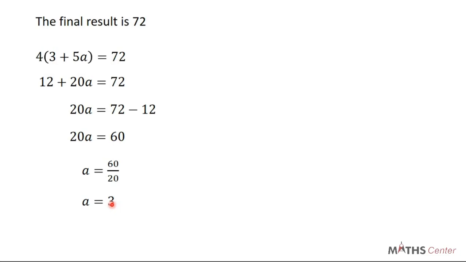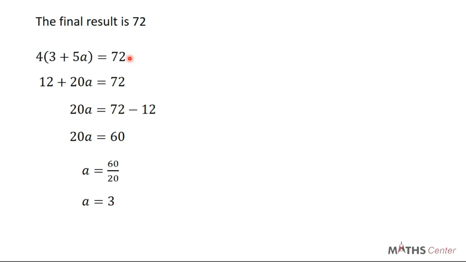When you multiply 18 by 4, we know that you are going to get 72 as we have here. So you see that this one also satisfies the equation.